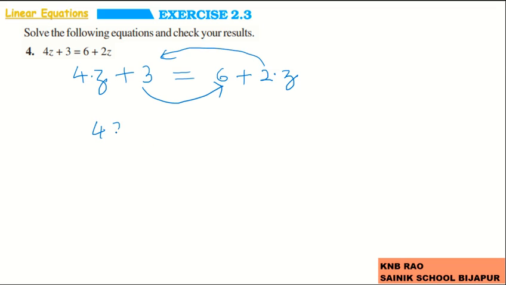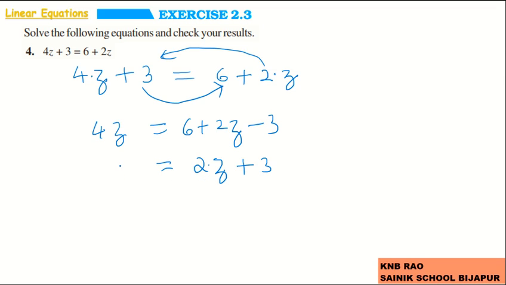First I transpose addend 3 to the right hand side, and we will have 6 plus 2z minus 3, because this addend comes and becomes subtrahend. Now, after simplification, 6 and minus 3 are like terms, and their simplification results in plus 3.